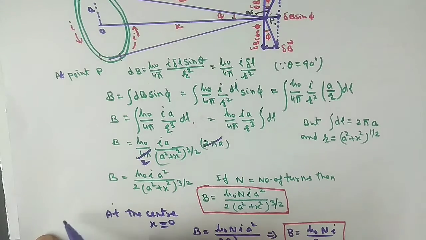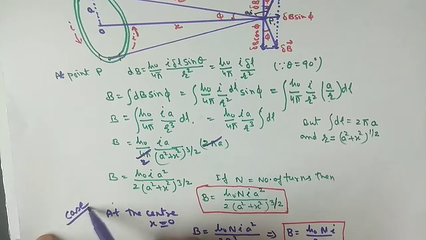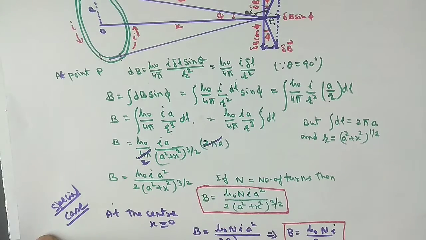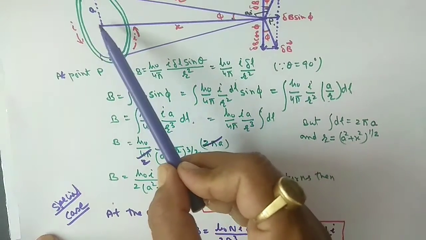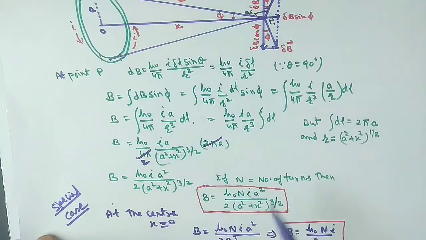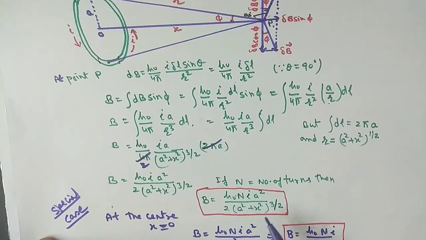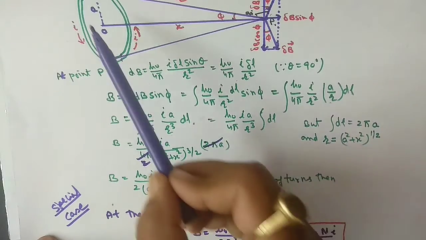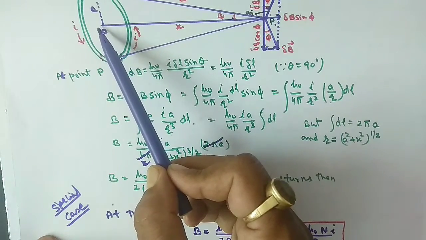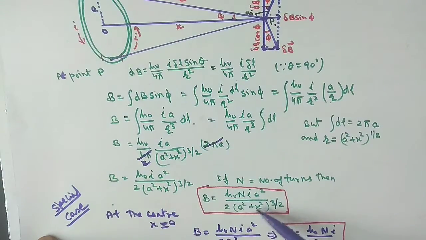Okay, now we can consider a special case, when we try to find the magnetic field intensity at the center of the loop of radius a. Then in this formula we simply put x is equal to 0, because you are taking the magnetic field intensity at the center. So if you write x is equal to 0, you will find mu naught N I a square upon 2a cube.